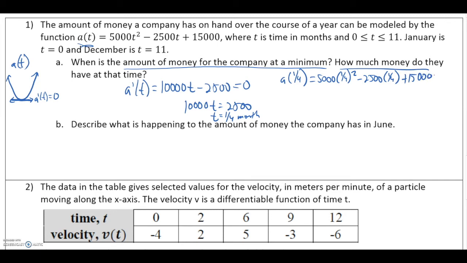And if you want to try it out by hand, or just this one you can put right into a calculator, don't plan on having to simplify anything that's complicated for your test. A of 1/4 would equal $14,687.50.